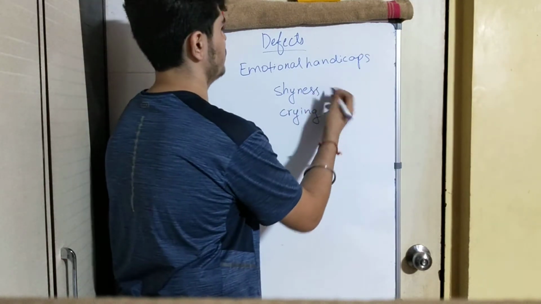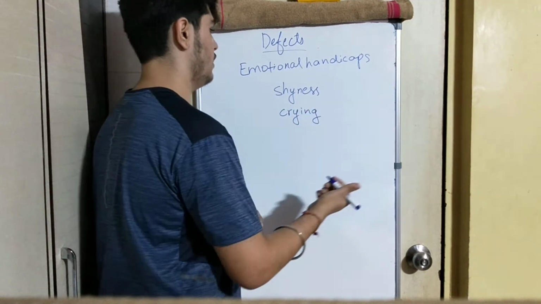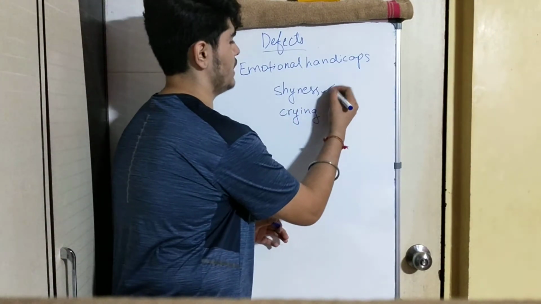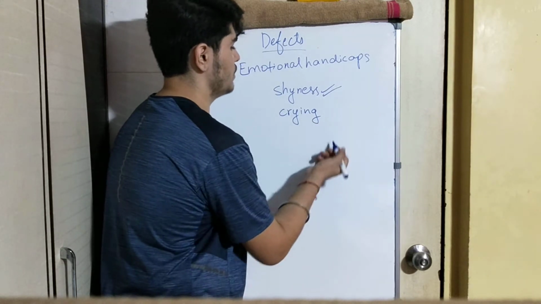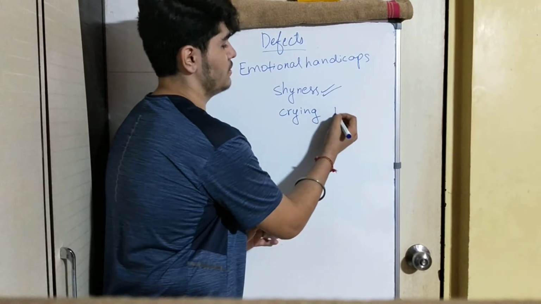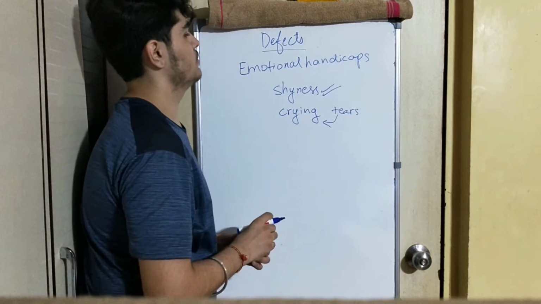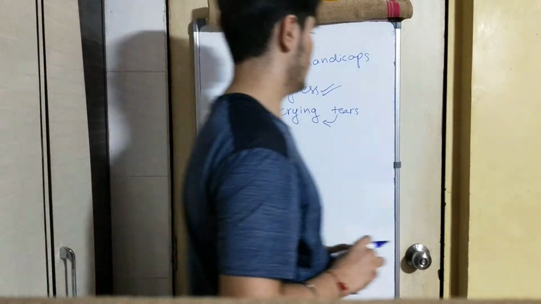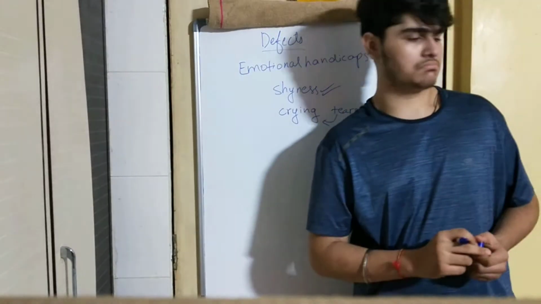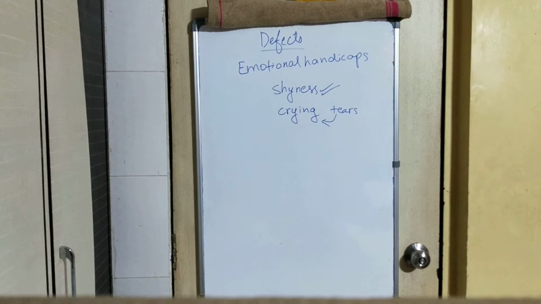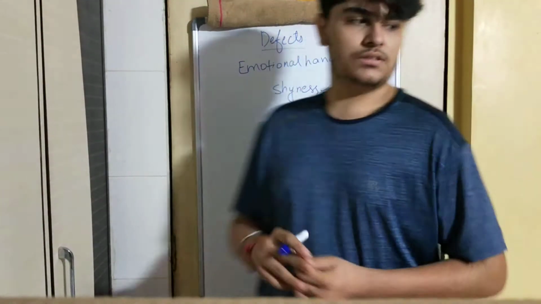Shyness is when people see others or are in an embarrassing situation, then obviously shyness is there. Crying, some people when exposed to light, tears come out. So these defects are there in the human body. Done.